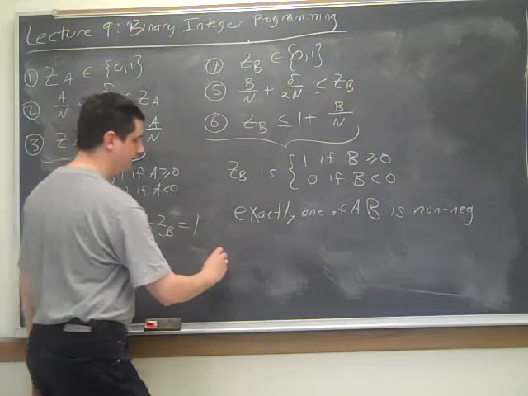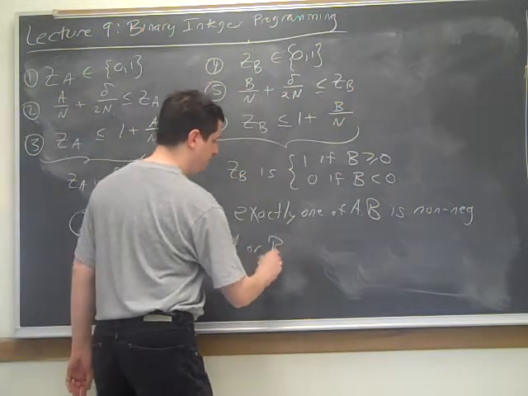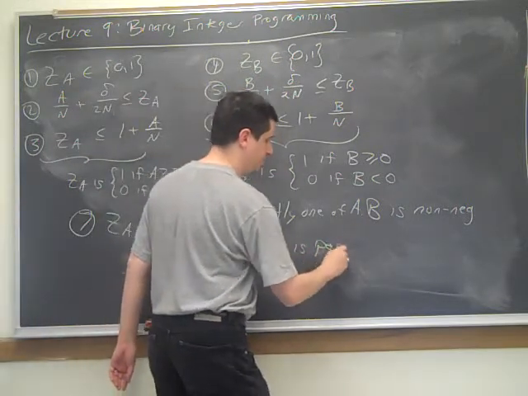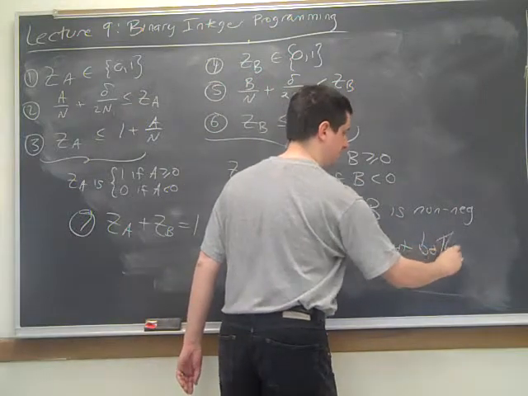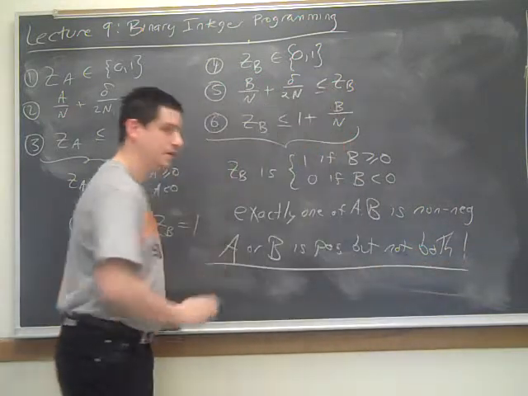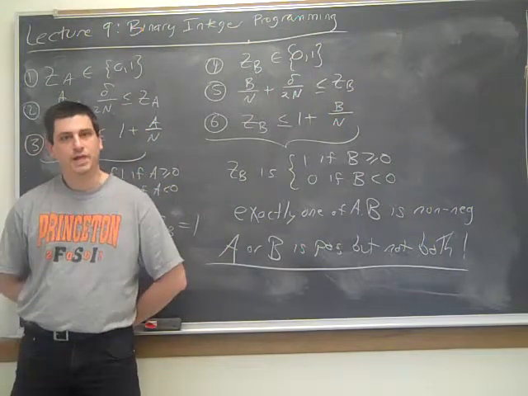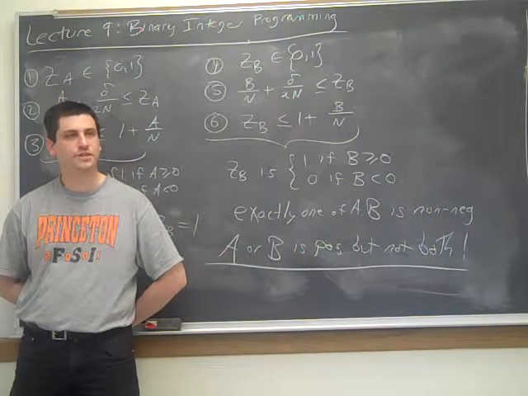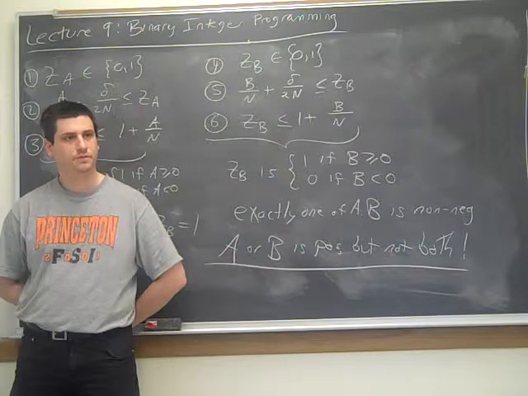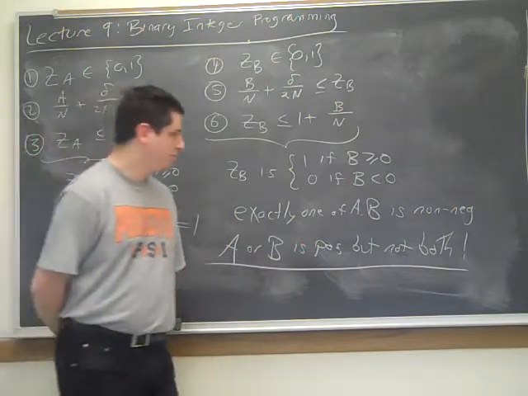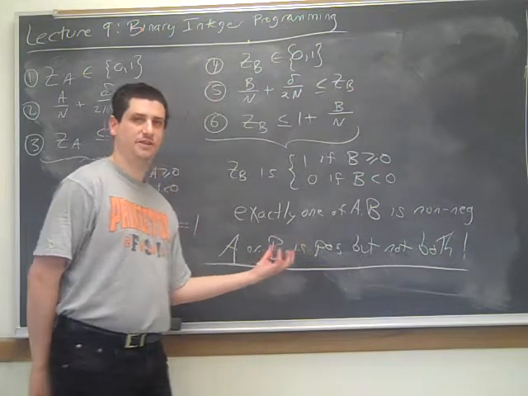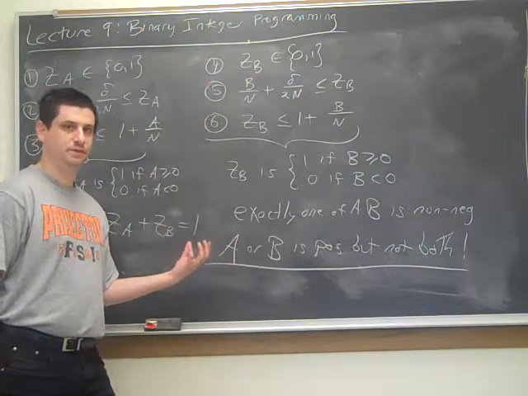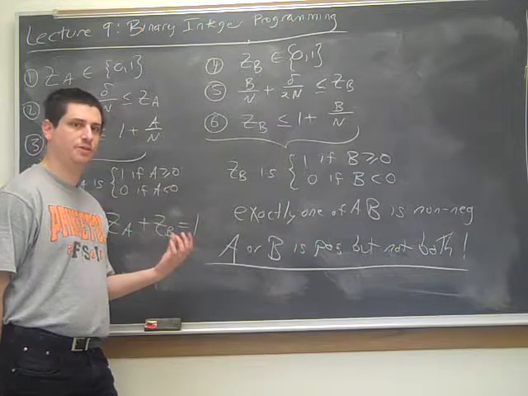So basically we want A or B is positive, but not both. And so now we can begin to put in constraints like this as well. Again, a statement like this should look highly nonlinear. A or B. And we're showing how we can incorporate it.